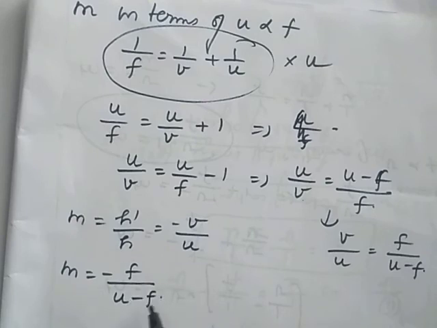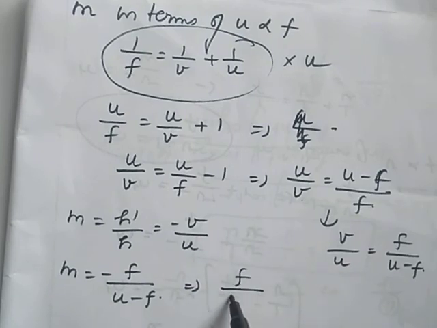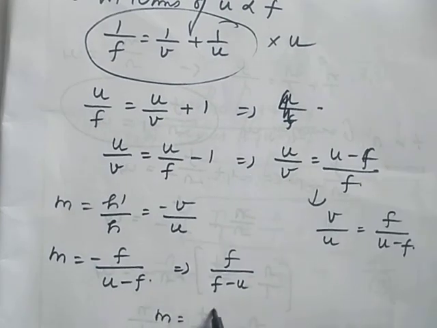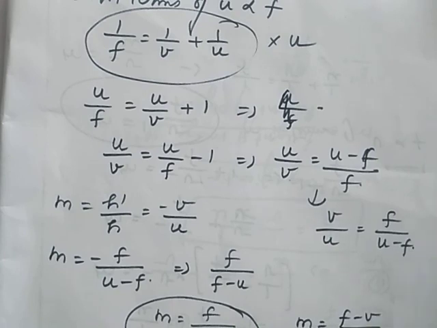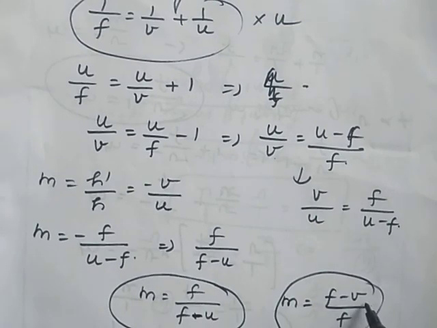Solving this, we get f by f minus u. So m is equal to f by f minus u. This is the lateral magnification in terms of f and u. And the other one is m is equal to f minus v by f, the lateral magnification in terms of focal length and image distance. Okay, thank you.